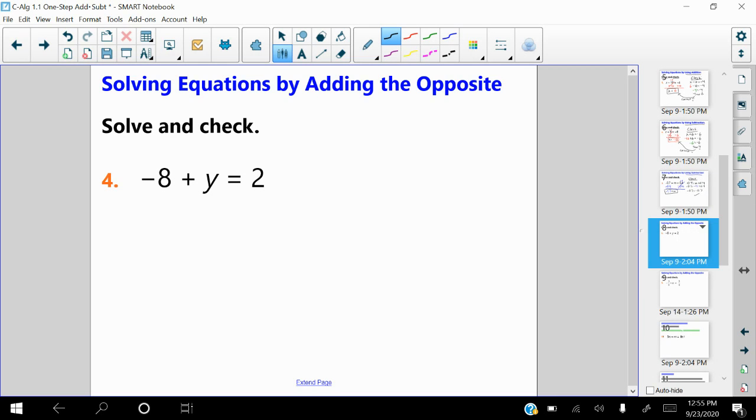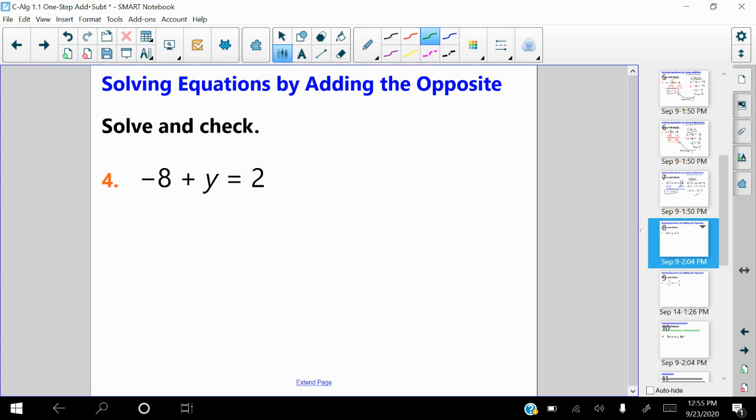And last but not least, let's go with one other situation here. Normally, we see that our variable is all by itself, or it's the first term within an equation. But right now, we have negative 8 plus y is equal to 2. We're still going to be using the same general idea that we want that variable all by itself.